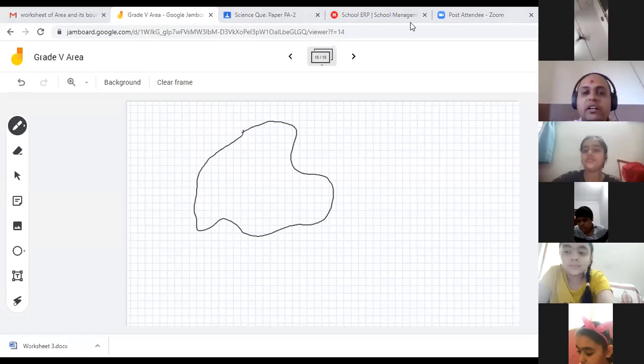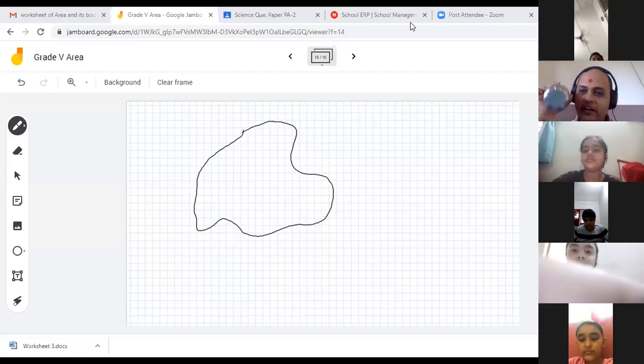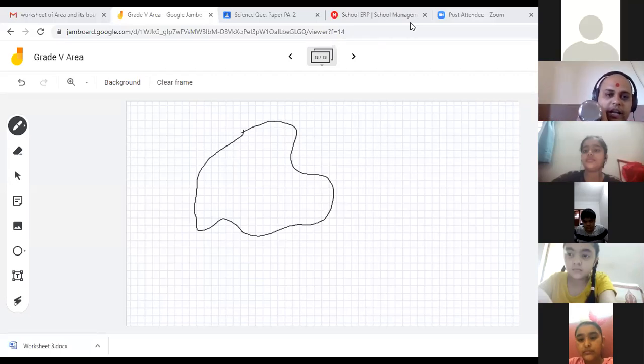So for measuring area of irregular shape, what I can do is I will use a thread. Okay, why will I use a thread? Like I will show you that I want to measure the area of this bottle's base, है ना? ये वाला जो area है, it looks like a circle but it is little bit different, है ना? थोड़ा बहुत अंदर ऊपर नीचे है, right?